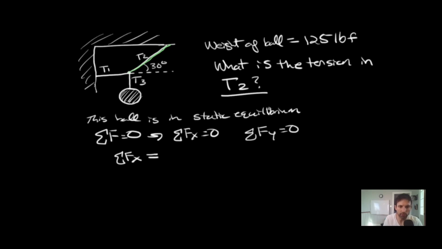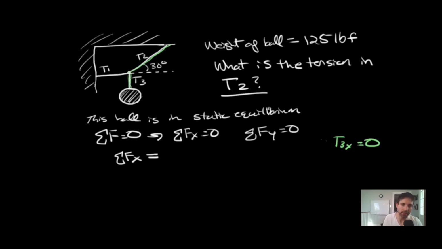Based on the diagram, I'm just going to write over here on the side. We know that T3 in the X direction, the force is going to be 0, right? Because it is a vertical member with no other outside forces acting on it, and it's in static equilibrium.